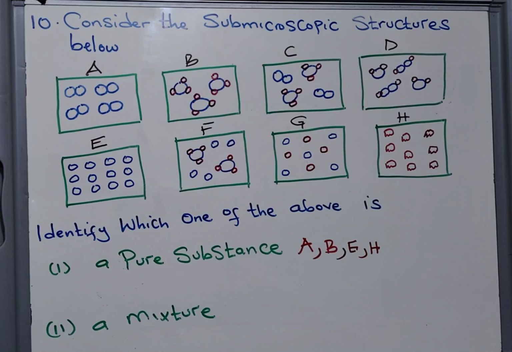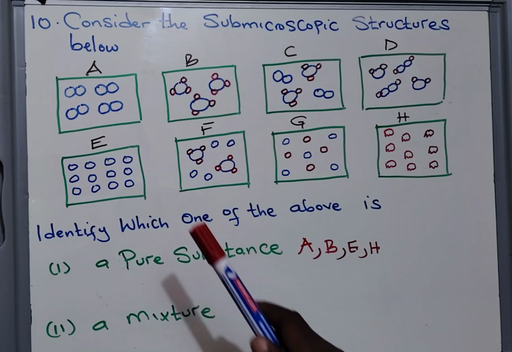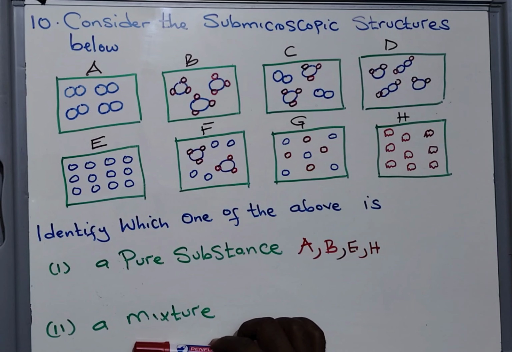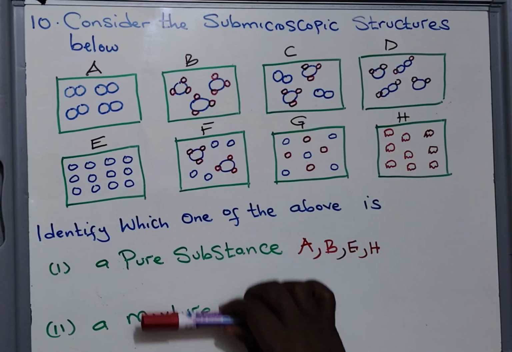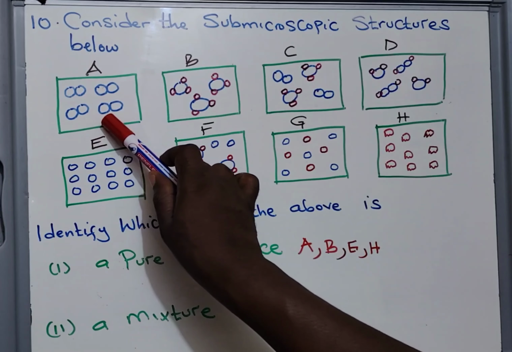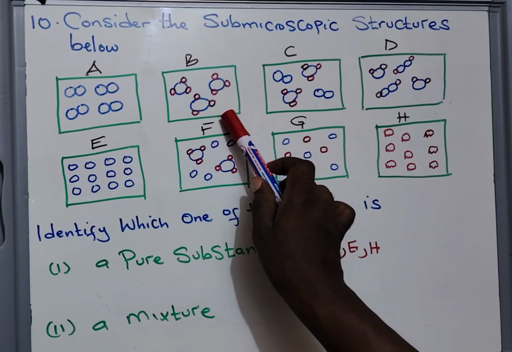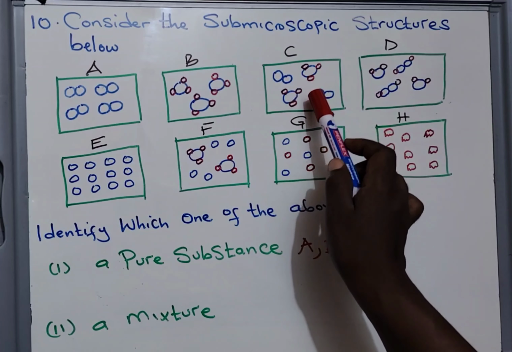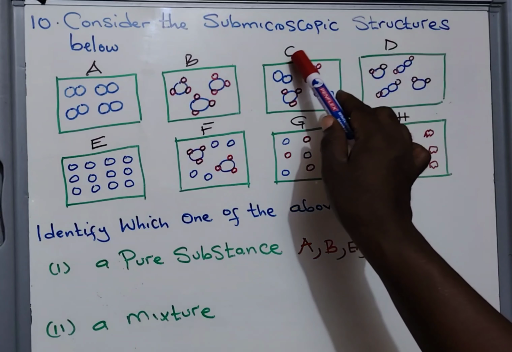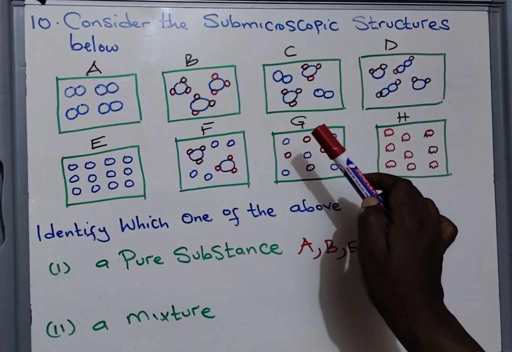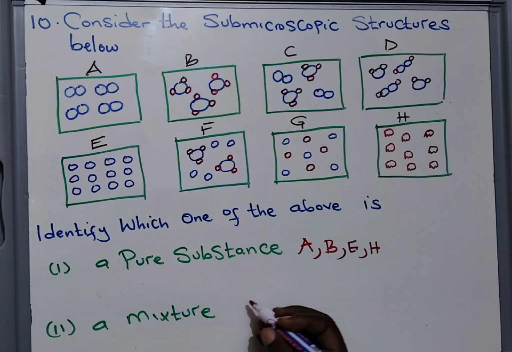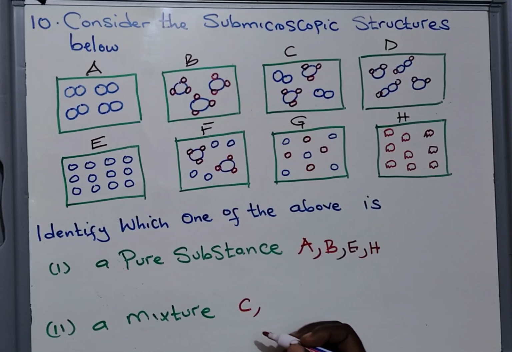It can be an element and a compound, or element and element. But to become a mixture, they have to be 2 or more. So this one is pure, so it's not a mixture. And B is pure, it's not a mixture. But C is a mixture because it has these molecules and these ones. So C is a mixture.